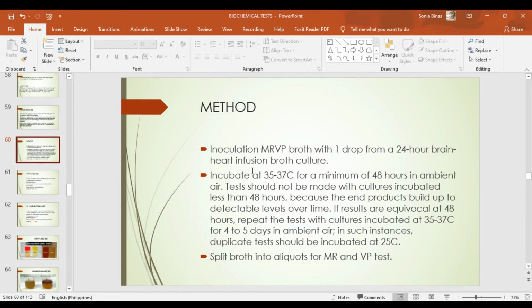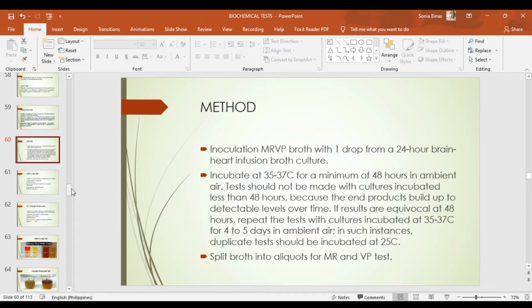Ano po? So incubate at 35 to 37 degrees for a minimum of 48 hours in ambient air. Tests should not be made with cultures incubated less than 48 hours because the end products build up to detectable levels over time. If results are equivocal at 48 hours, repeat the tests with culture incubated at 35 to 37 degrees Celsius for 4 to 5 days in ambient air.